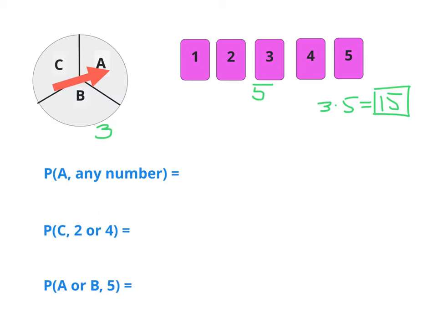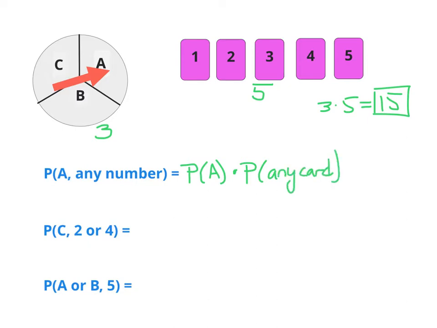Now, how do we calculate the probability of spinning an A and any number without using a tree diagram? Well, we're going to do simple probability, and we're going to multiply them. So I'm going to look at the probability of spinning an A on that spinner, and then I'm going to multiply it by the simple probability of pulling any card from that deck of cards.